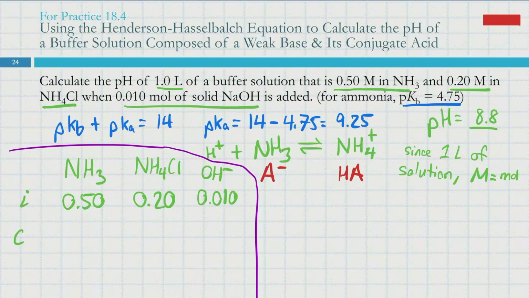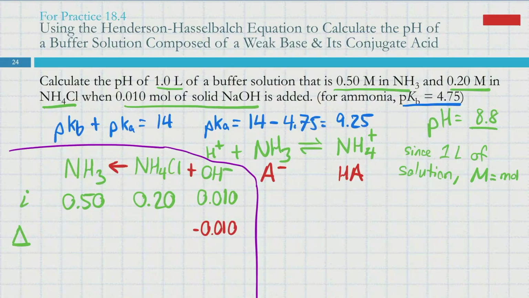All right, and then we have our change. The hydroxide is going to react with which of the other two species? The NH4Cl. So if we want to write some signs to let us know how things are reacting, that's how they're reacting.